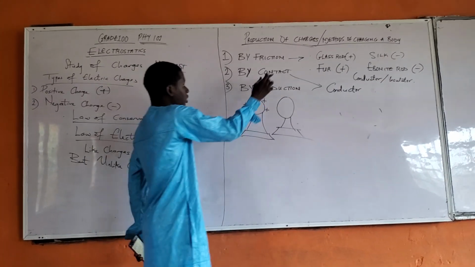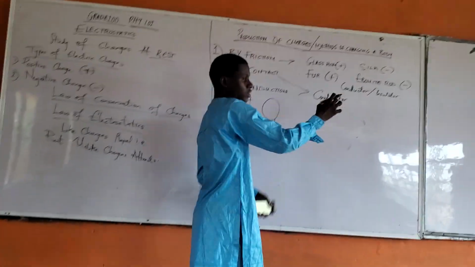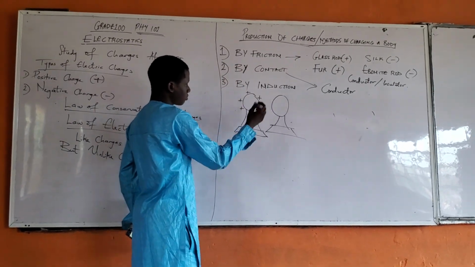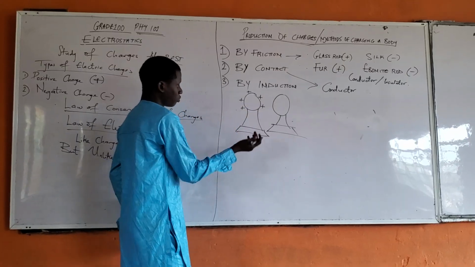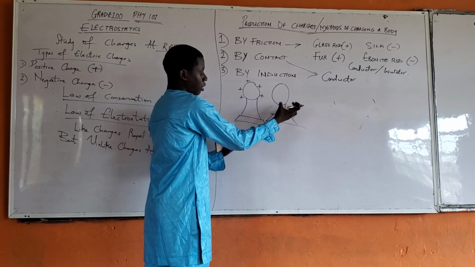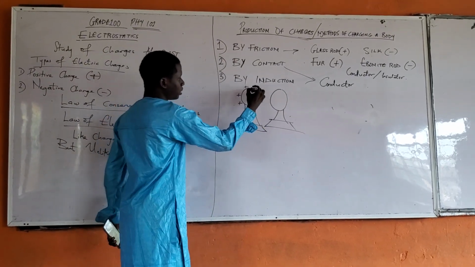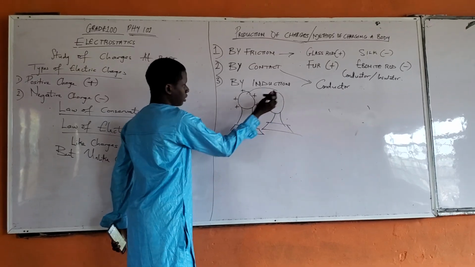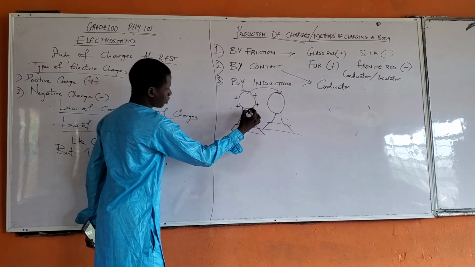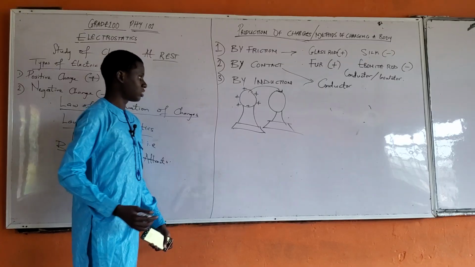You know that friction produces charges of different kinds. But by contact, we produce charges of the same sign, because when you bring a charged conductor near another conductor that is not charged, a neutral conductor, there will just be a transfer of charges from one to the other. So let's say we have 6 charges.